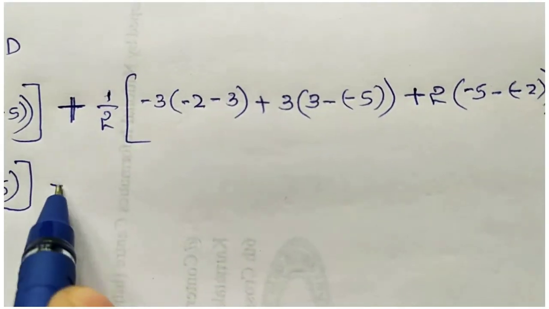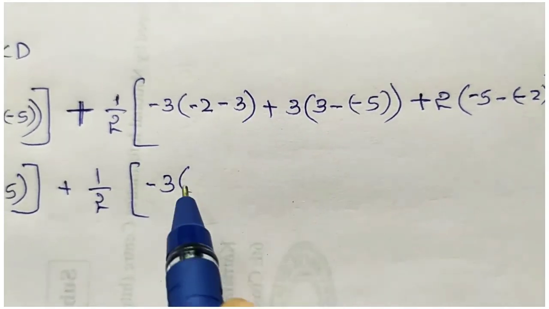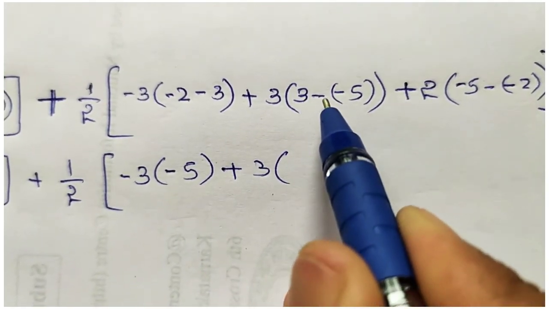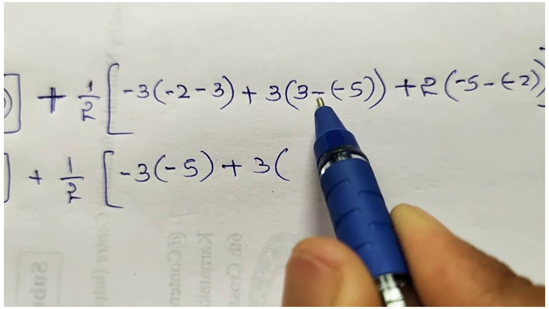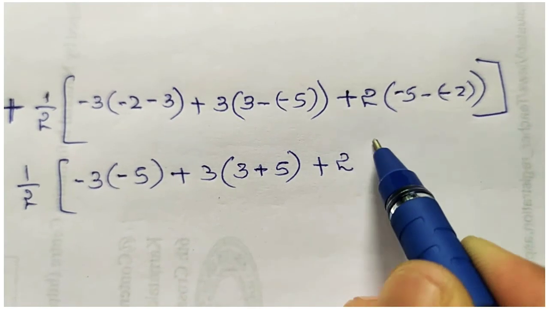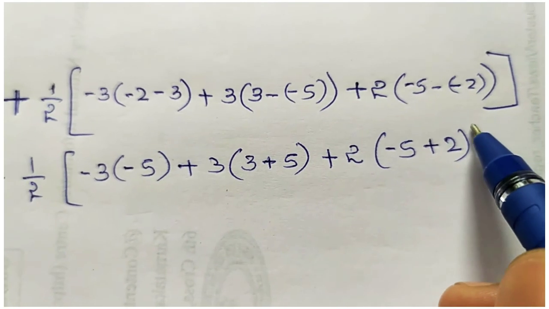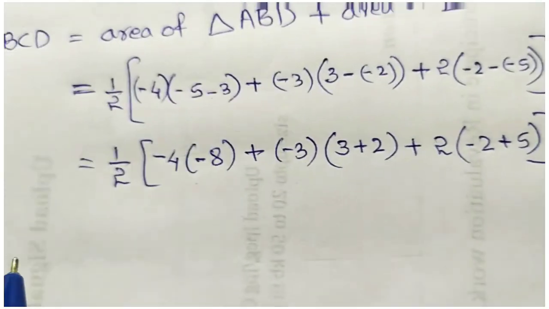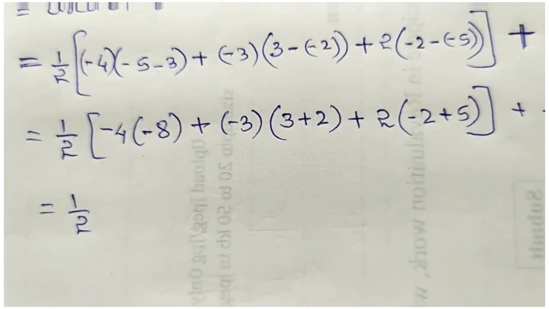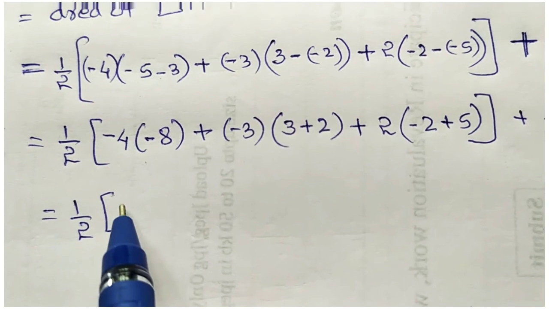Next, plus 1 by 2, -3, -2 minus 3, it will be -5, plus 3 of 3 minus of -5, it will be minus into minus plus, so it will be 3 plus 5, plus 2 of minus 5 minus of minus, plus 2. Okay, so now solve here. 1 by 2, -4 into -8, it will be minus into minus plus, 4 8s are 32.